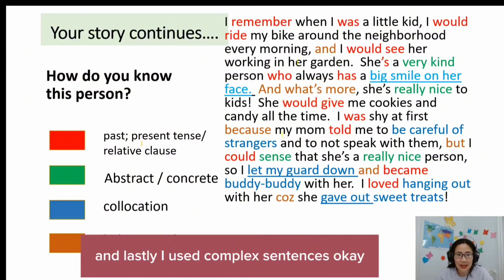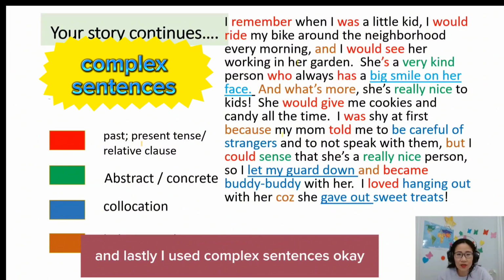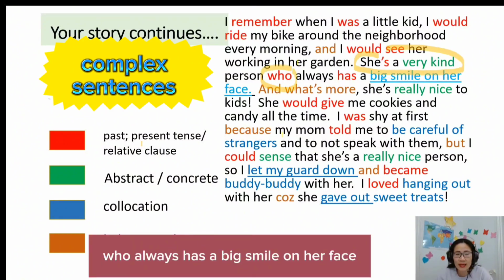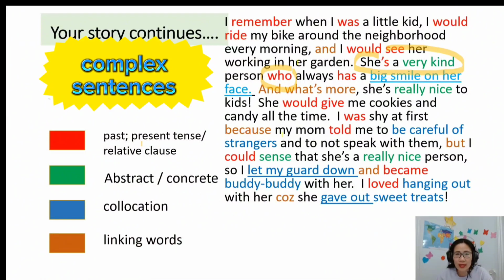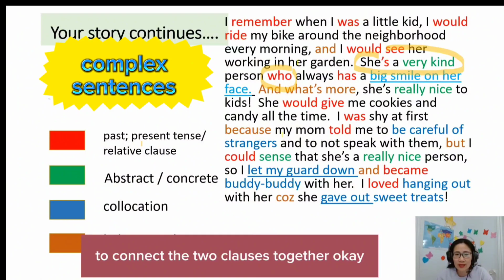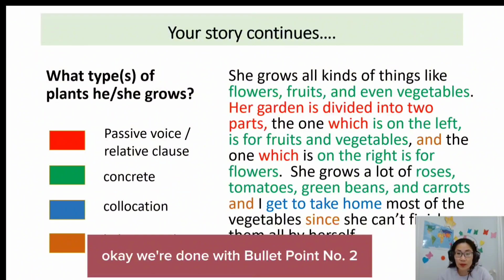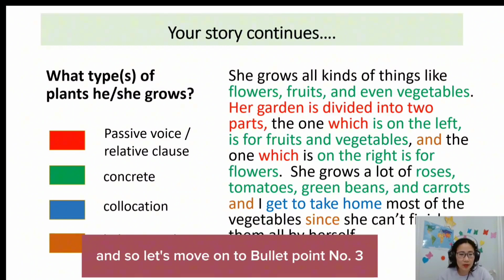And lastly, I used complex sentences. For example here, she's a very kind person who always has a big smile on her face. I use the word who to connect the two clauses together.